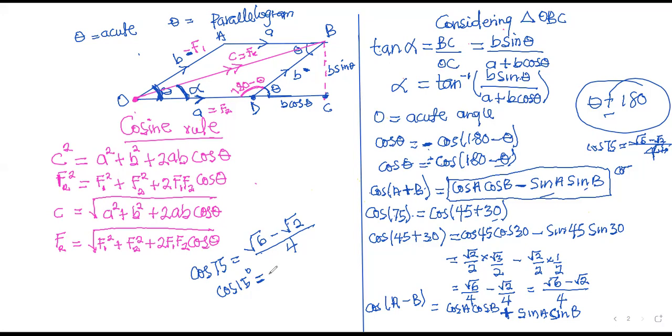And this is how I can do it. 15 is equal to 45 minus 30, isn't it? So this is the same as cos of 45 minus 30. It means that my two angles, A is 45, B is 30.